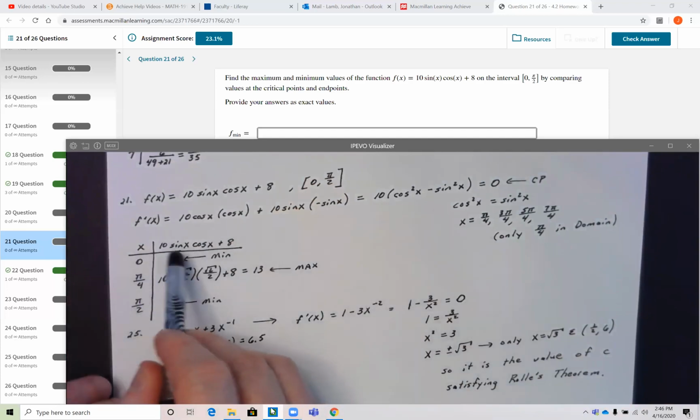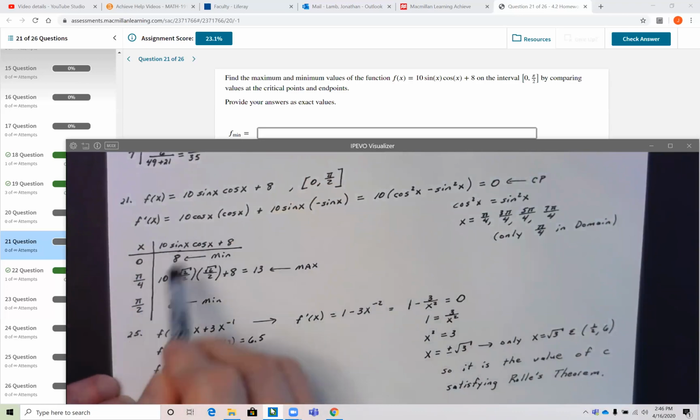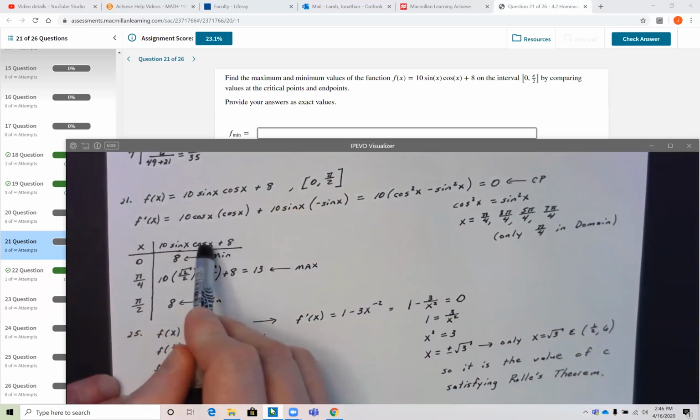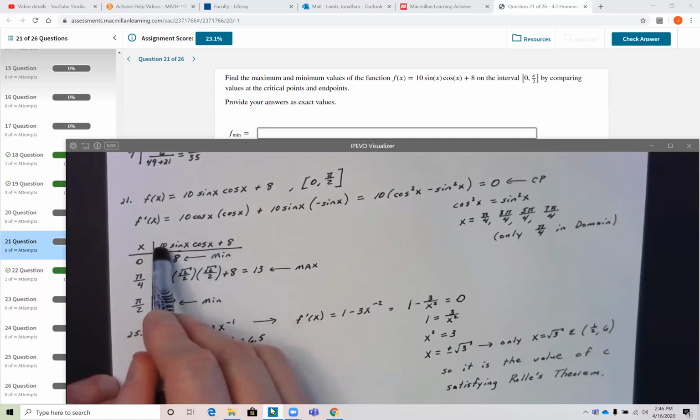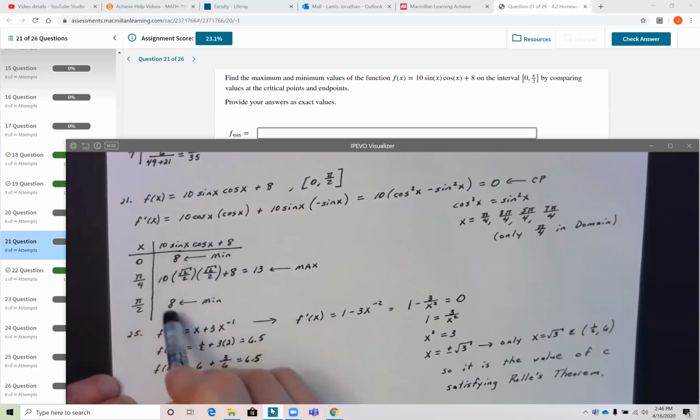As soon as I plug in a 0 or a pi over 2, this first part is going to give me 0. The sine of 0 is 0, 0 times any number is 0, so I just have 0 plus 8 there. Same thing happens here because the cosine of pi over 2 is 0. So I have 10 times the sine of pi over 2 times the cosine, which is 0, plus 8. So I get an 8 either way there.